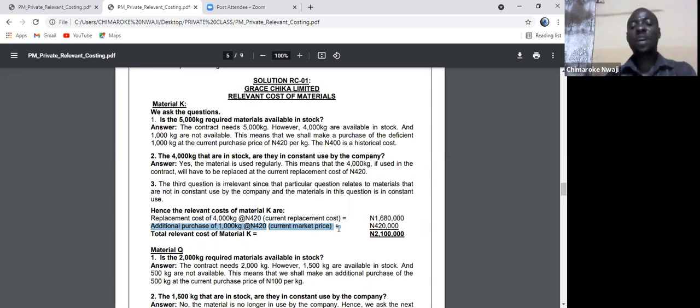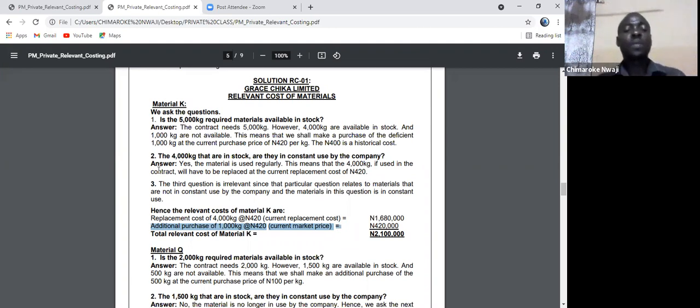1,000 kg was not available. You are buying it as an additional. So it means that you can go to the market and buy the 5,000 kg that is required for the project. You use 4,000 to replace whatever you have used, and 1,000 goes a long way to solve the shortfall that you have.